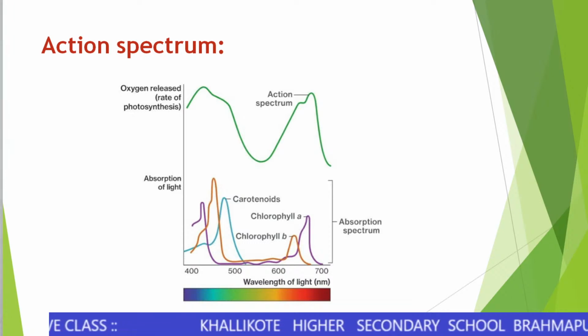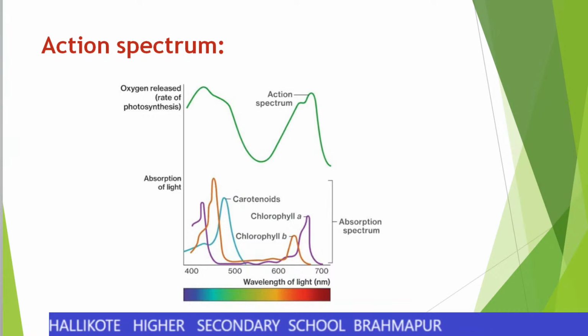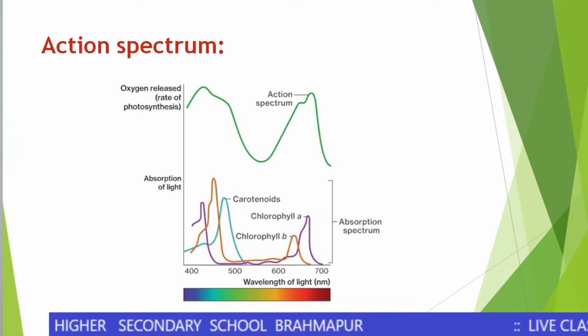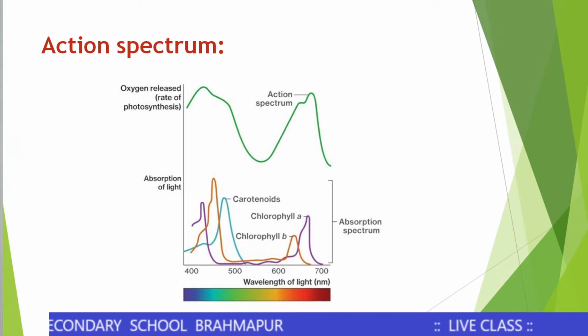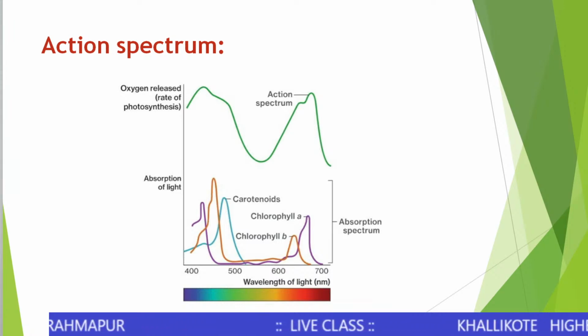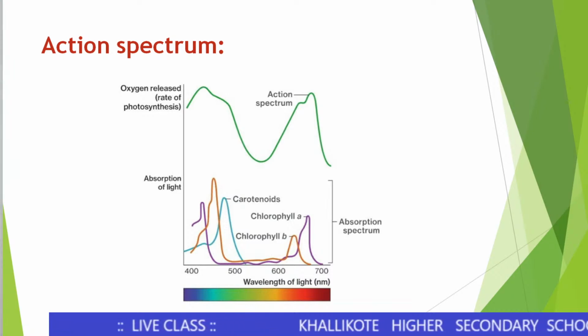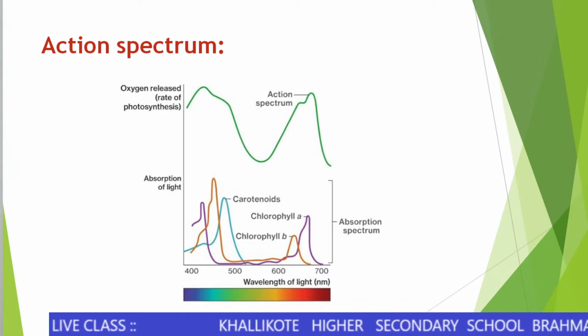And in his experiment, Engelmann took a test tube, placed a few branches of Cladophora algae in the test tube, and then he exposed the test tube to light which was split by a prism into 7 colors.